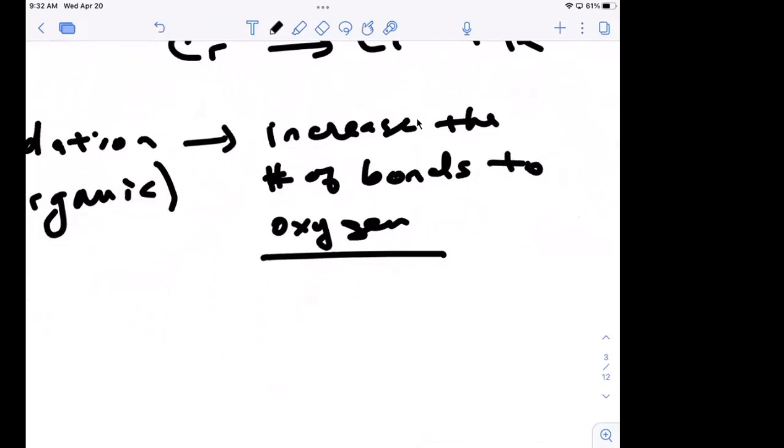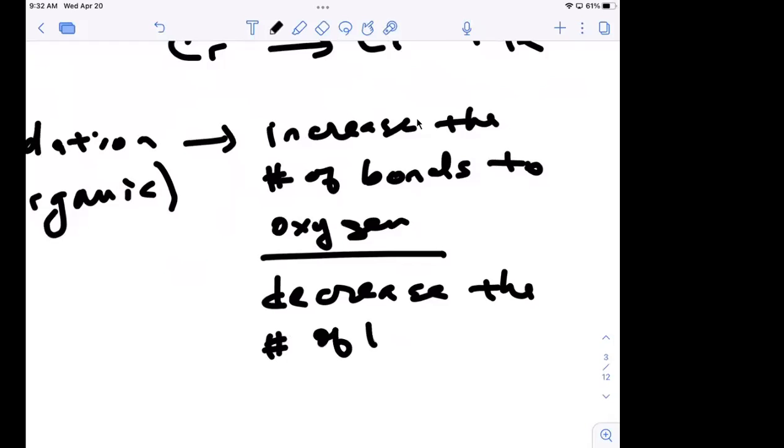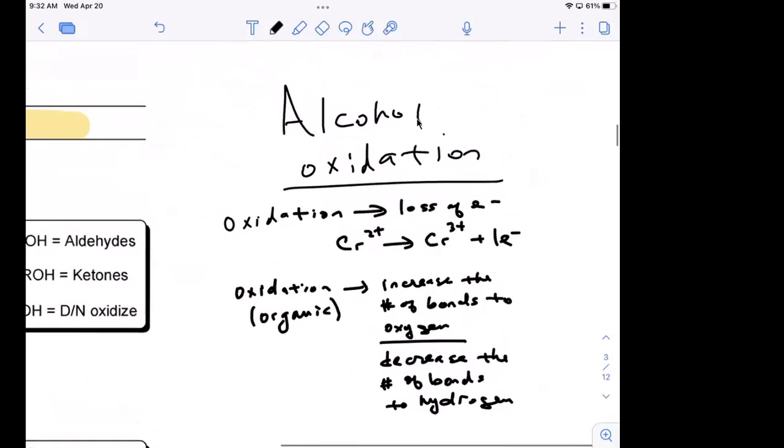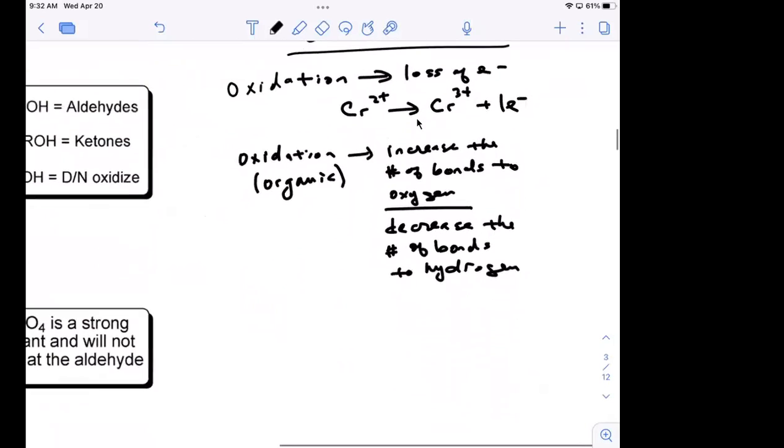The other is to decrease the number of bonds to hydrogen. All right, so you increase the number of bonds to oxygen, you decrease the number of bonds to hydrogen.